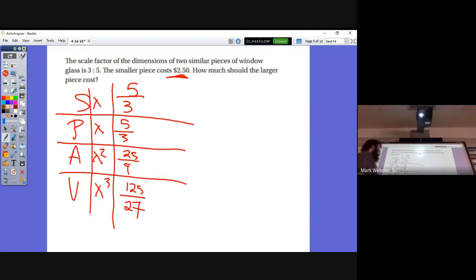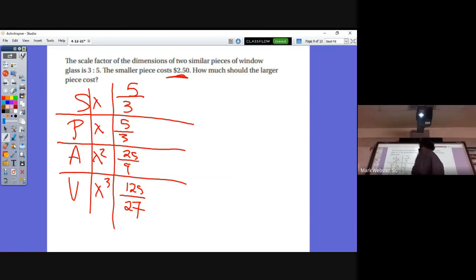And so now, once again, the whole point is that we need to identify, hey, we're working with a piece of glass that is growing bigger. The glass doesn't just grow bigger in one dimension, right? It grows bigger in both dimensions. So we have to charge for both dimensions, right?